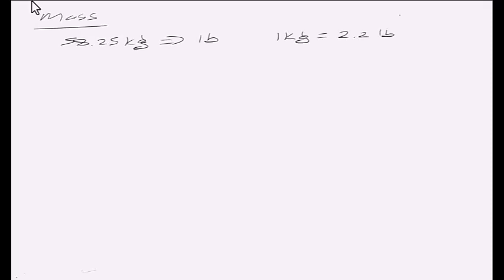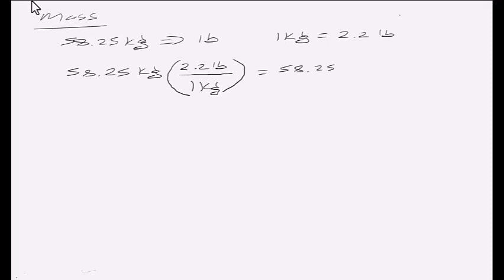And so using our method, 58.25 kilograms times by the conversion in this bracket. 1 kilogram is 2.2 pounds, which gives us 58.25 times by 2.2 pounds is equal to 128.15 pounds, because the kilograms cancel.